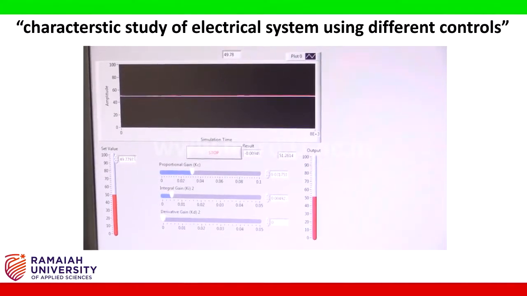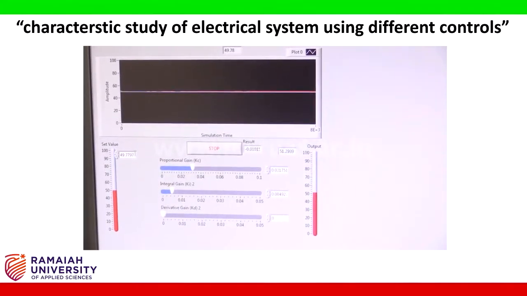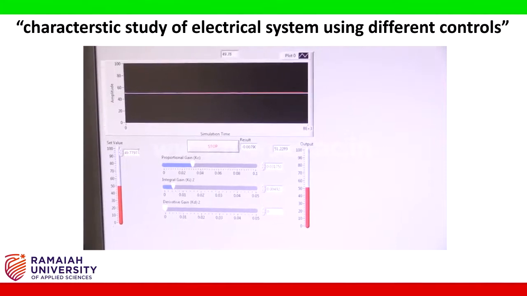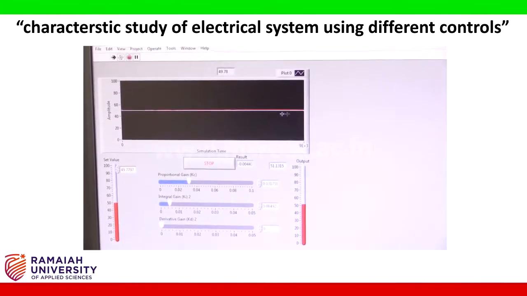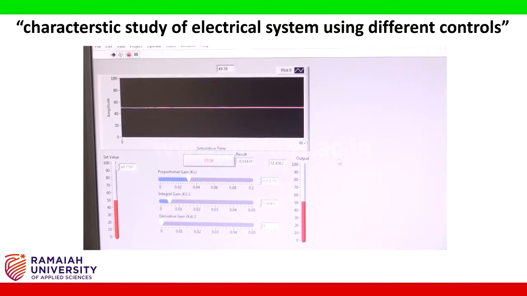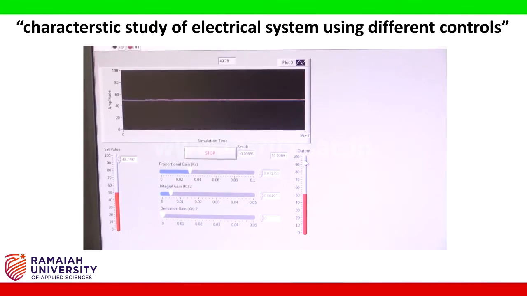Because of the preset gain parameters of P and I, it is maintaining the set value, and the output on a transistor is maintaining the same temperature.